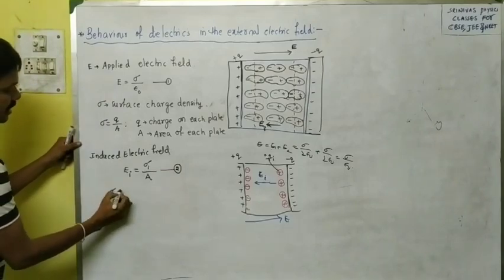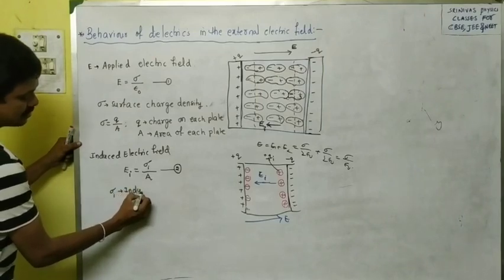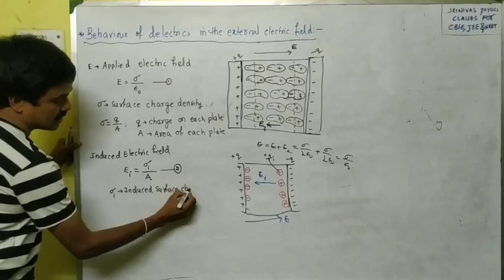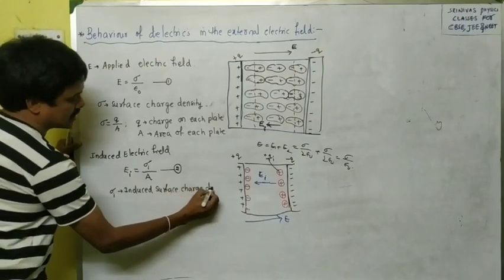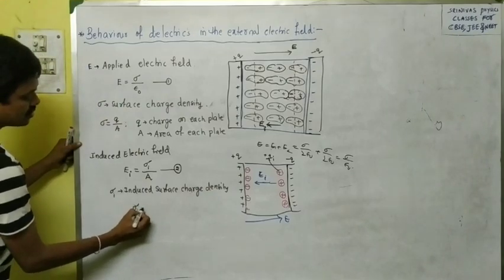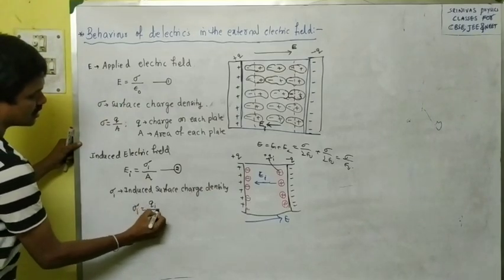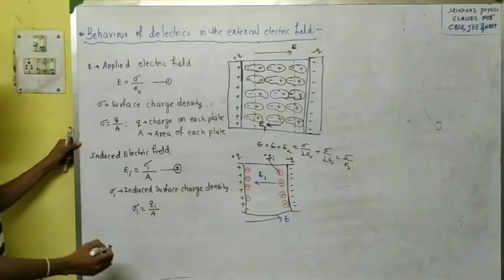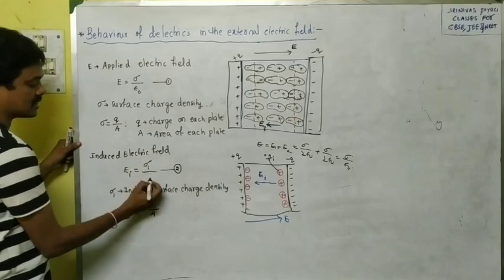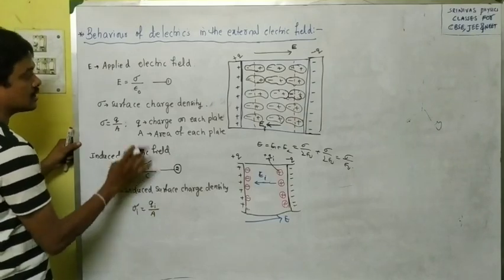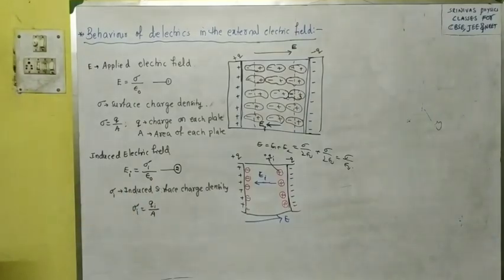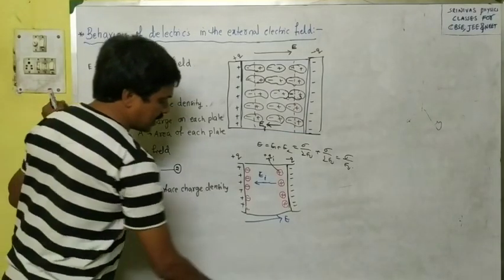Sigma I is the induced surface charge density. How to write the formula for sigma I? It is induced charge by area. Sorry, the electric field formula is sigma by epsilon naught.